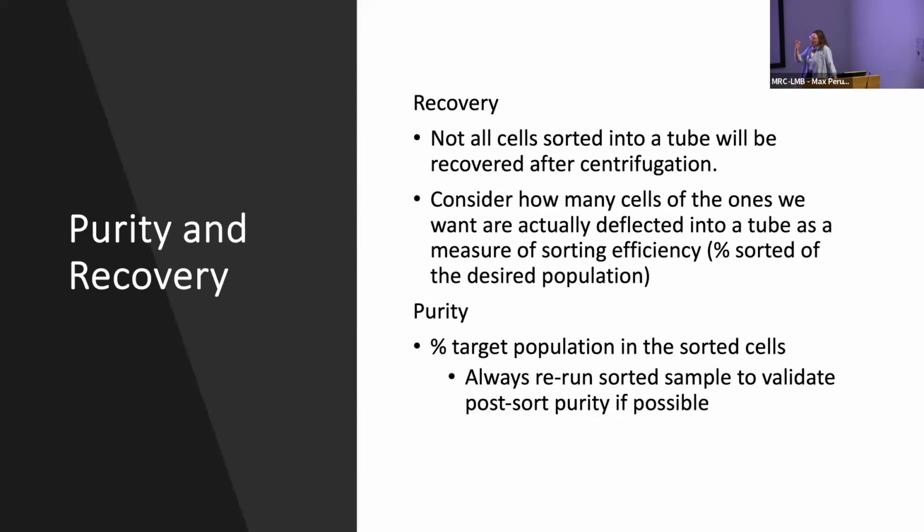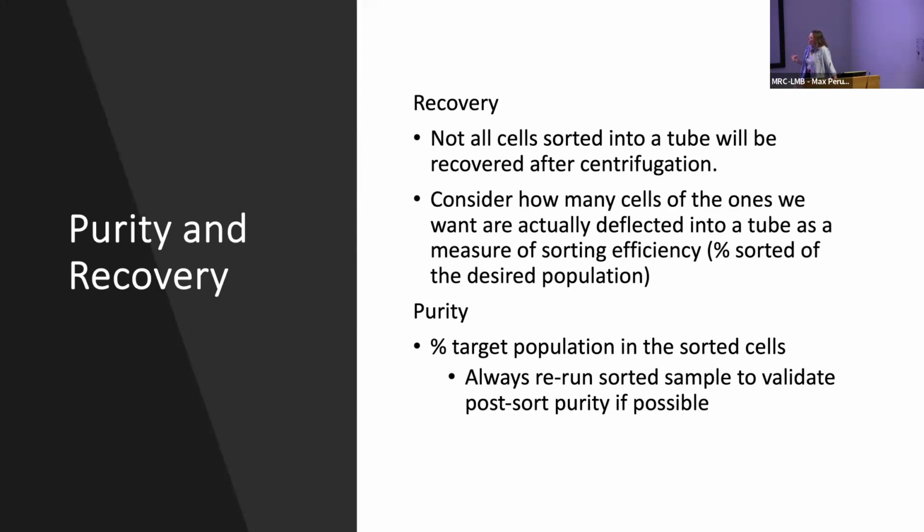And also we want to maximize the centering of the side streams into the center of the collection tubes, so that we maximize the chances of those drops hitting the media and not the sides of the tube. If you imagine a cell coming down at a fairly fast velocity and hitting the side of a plastic tube, you're not going to get very good viability potentially.